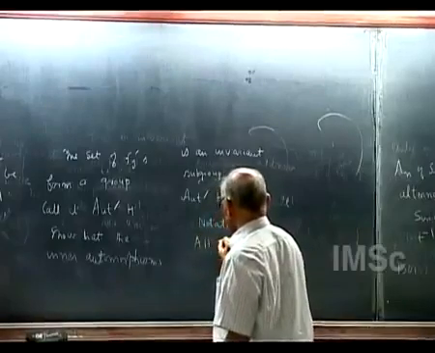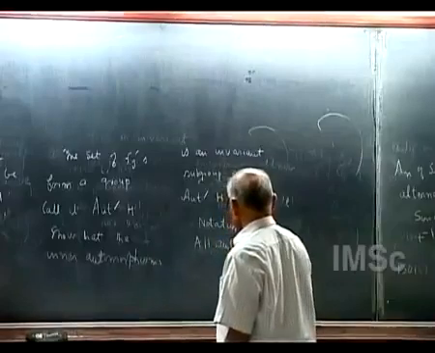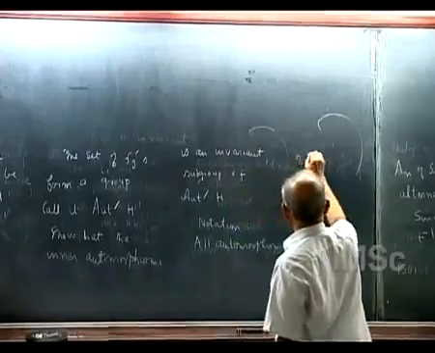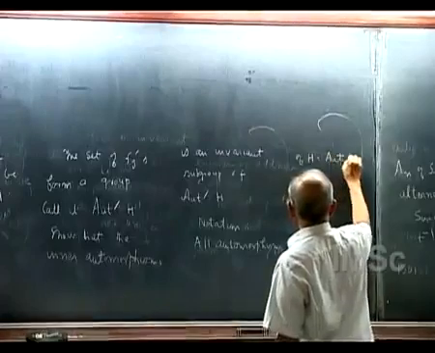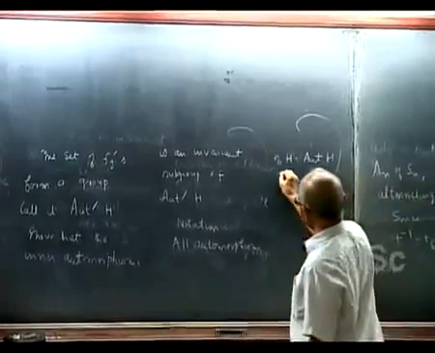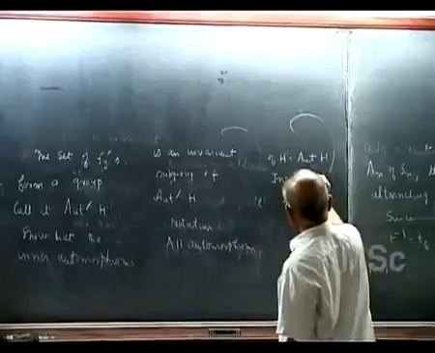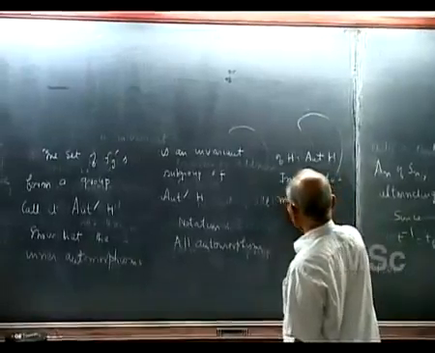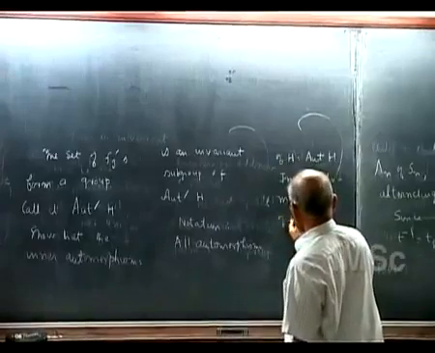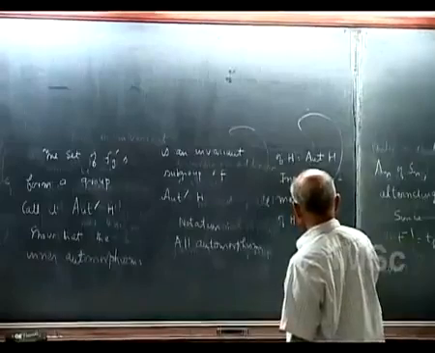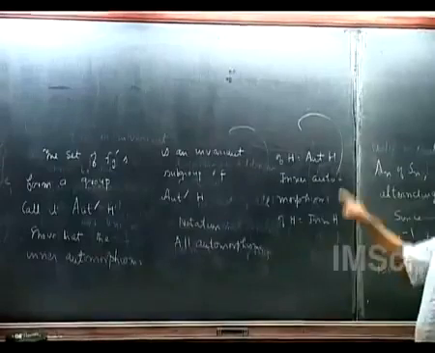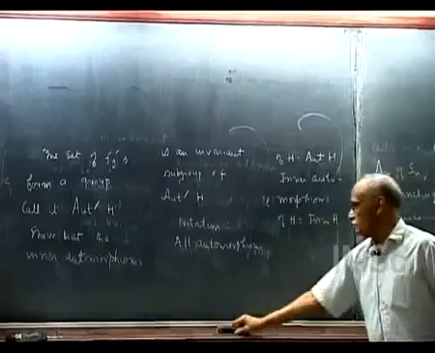All automorphisms of H is usually called Aut H. The inner automorphisms of H, I think, are called Inn H. One can quite generally prove that Inn H is a normal subgroup of Aut H. It is not difficult.